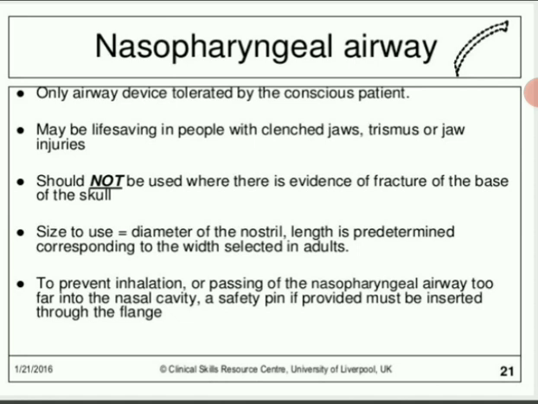How to insert? The correct size airway is chosen by measuring the device on the patient, and the device should reach from the patient's nostril to the ear lobe or the angle of the jaw. The outside of the tube is lubricated with a water-based lubricant so that it enters the nose more easily, and the device is inserted until the flared end rests against the nostril.